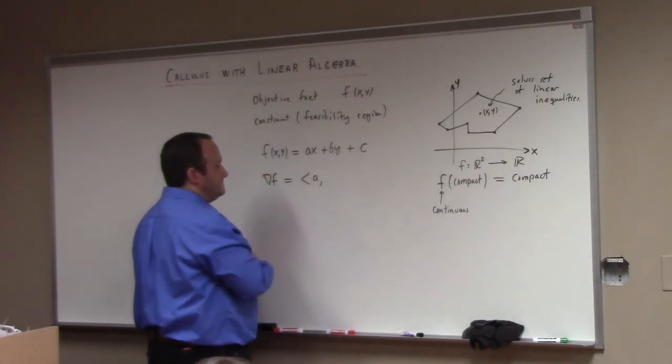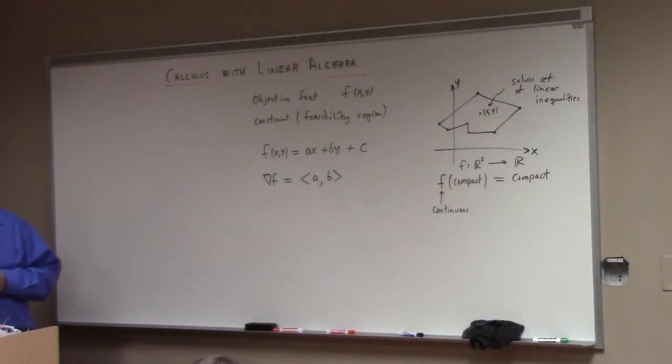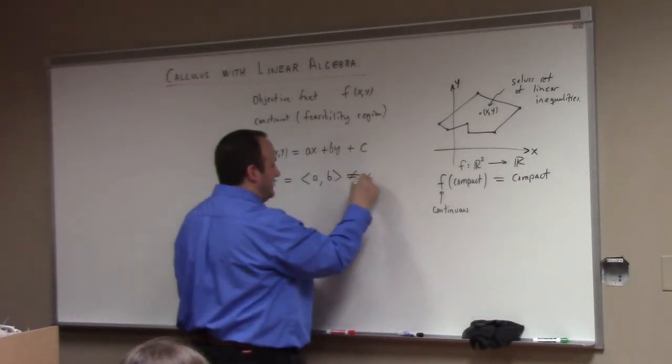A, B. That's it. Are there any critical points for a linear objective function? Not unless A and B are both 0, and if they are, that's not the kind of problem we're talking about. So the gradient is not equal to 0.